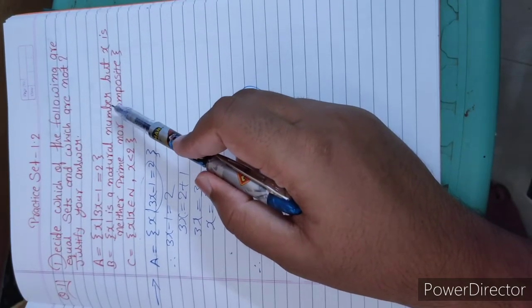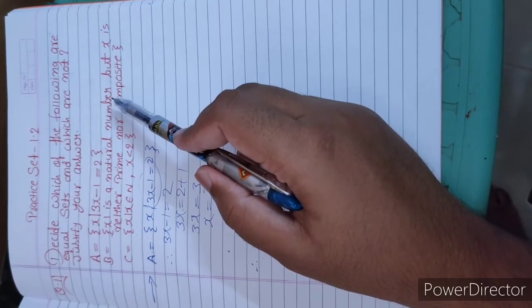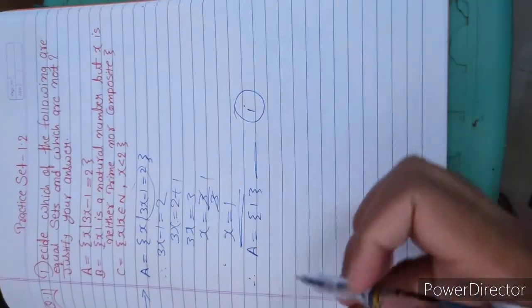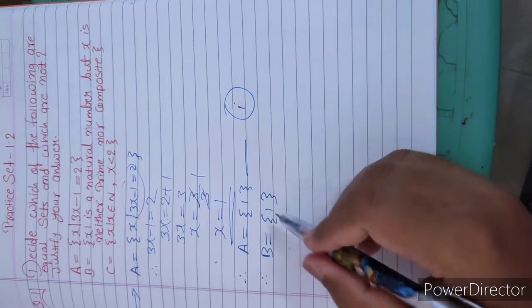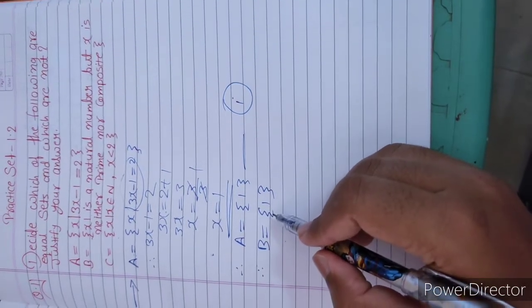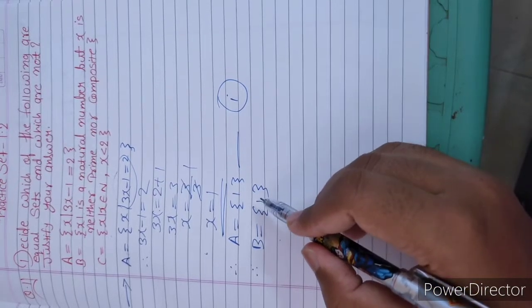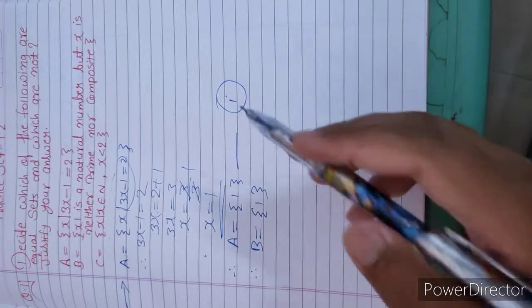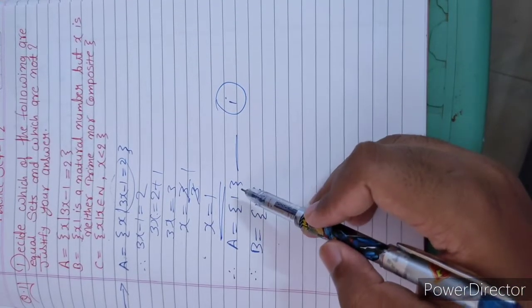All the other natural numbers are composite or prime, but there is only a single number which is neither composite nor prime, that is 1. Prime numbers start from 2 and composite numbers start from 2, so 1 is neither prime nor composite.